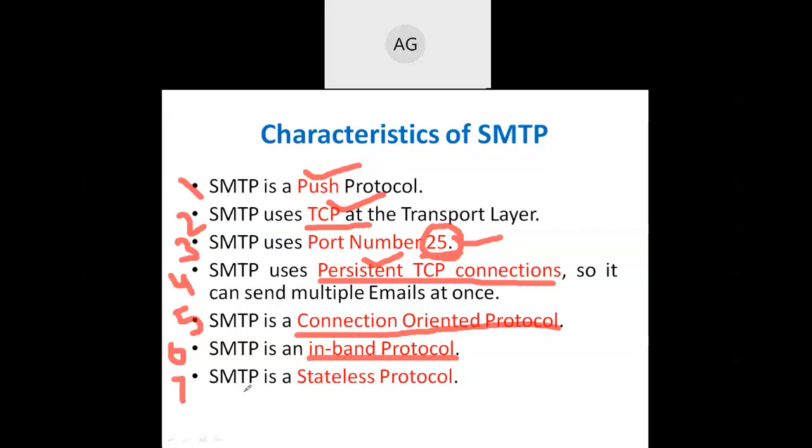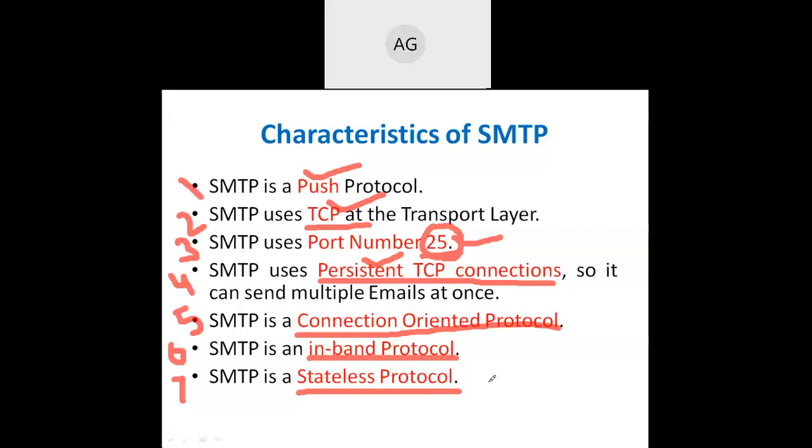The next point is SMTP is a stateless protocol. In another type of classification, there are also two types of protocol: stateful and stateless. In the case of stateless protocol, they are not saving the summary or the history. That's why this type of protocol is called a stateless protocol.